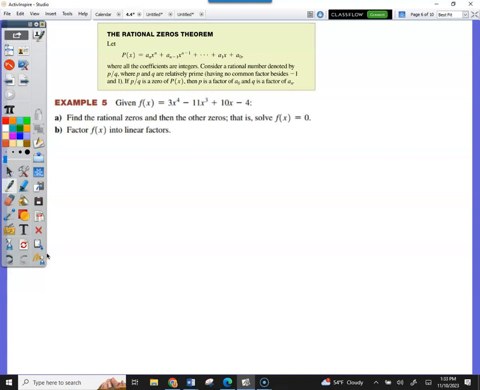Do you remember what rational means? Can be written as a fraction, as a ratio. It can be written as a fraction.